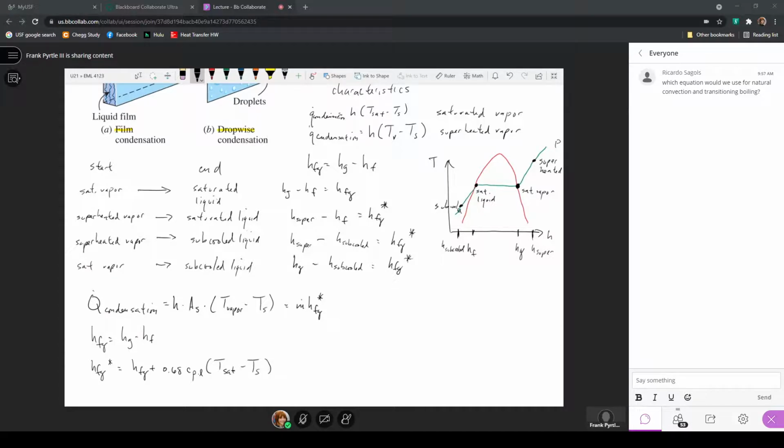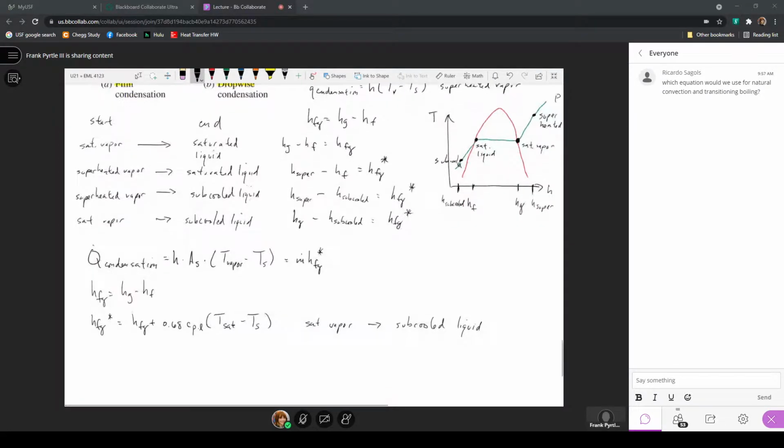This is what we would use as an expression where we're going from saturated vapor to subcooled liquid here. That's how we would define that expression.